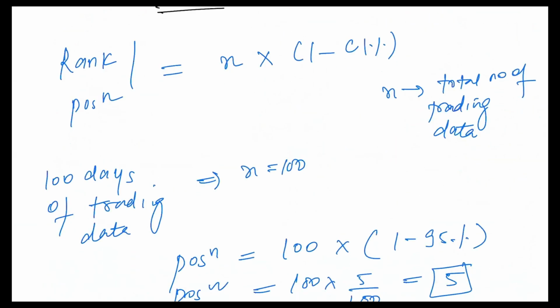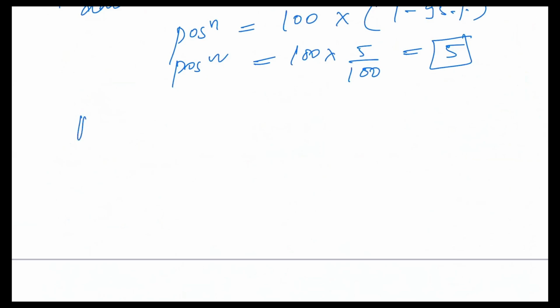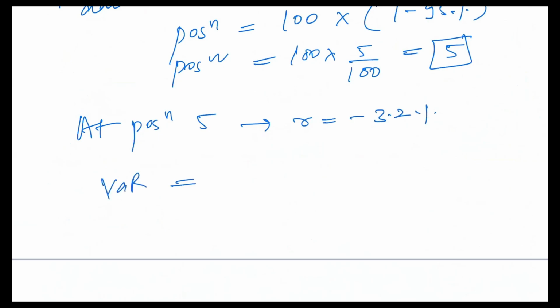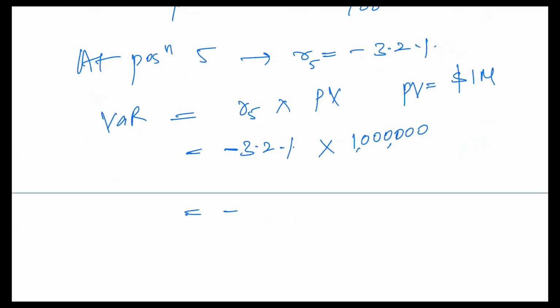So if you see, in our case we got negative 3.2% at position 5. So our value at risk will be the return at fifth position times the portfolio value. So assuming we have our portfolio value as $1 million, it will be nothing but negative 3.2% times $1 million, right?